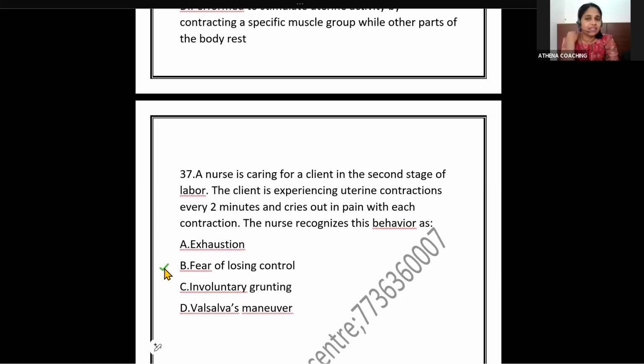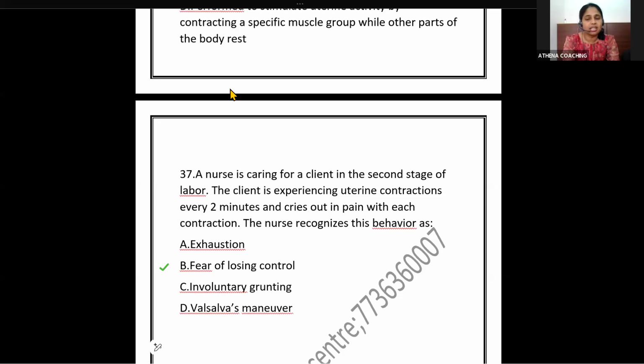When she cannot control the pain and can do nothing, she cries. It is severe pain and no one is able to help, she is not able to control things, and she is getting literally a kind of panic. These are the reasons why she cries out. The reason for crying out is fear of losing control. Clear? This is a labor question, and we get more questions like this.